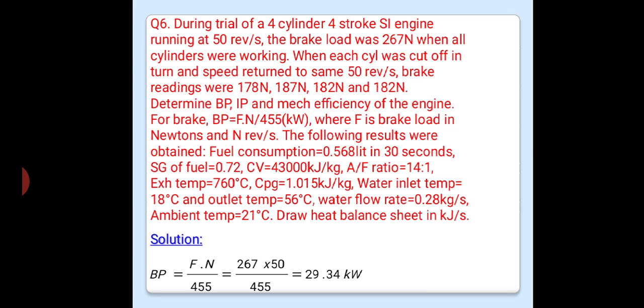When all cylinders are firing, F is 267 Newton. Substituting 267 into 50 upon 455, we got brake power when all cylinders are firing as 29.34 kilowatt.